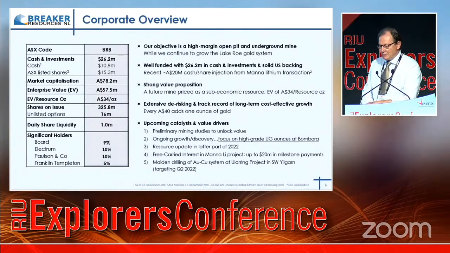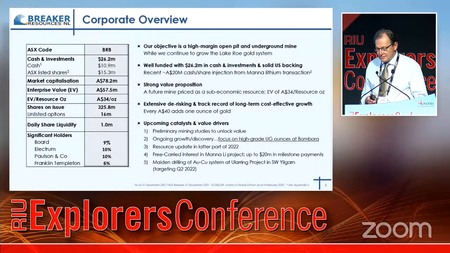Corporate overview. I've stated our objective, and that is to establish a large mine. We're well funded. We've got 26 million in cash and investments, primarily the Global Lithium investment. So we don't have to raise money for a substantial time.